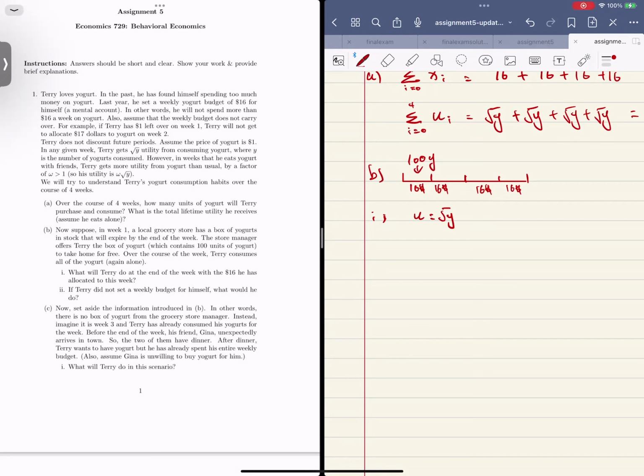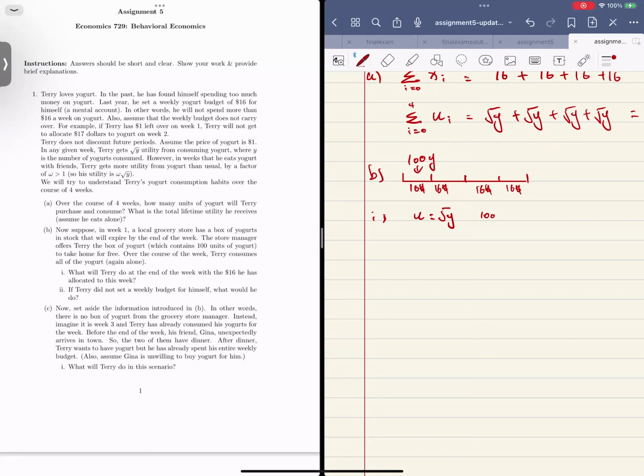So if Terry has 100 packs of yogurts on the first week, of course Terry will consume the 100 yogurts plus 16 units of yogurt, because he has to spend it all, since he cannot save it for a future period.